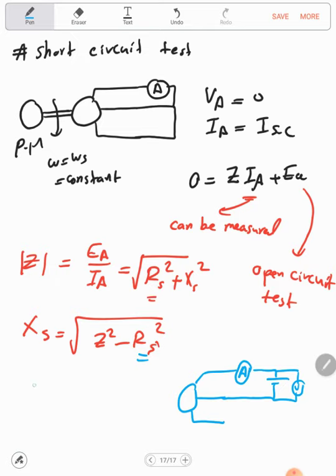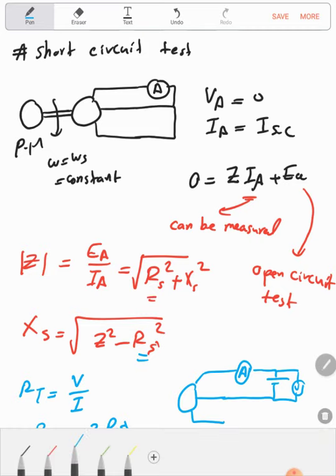So we know that R total here will equal V over I, and R total will equal 2 RS, because simply we have two coils in series in this case.